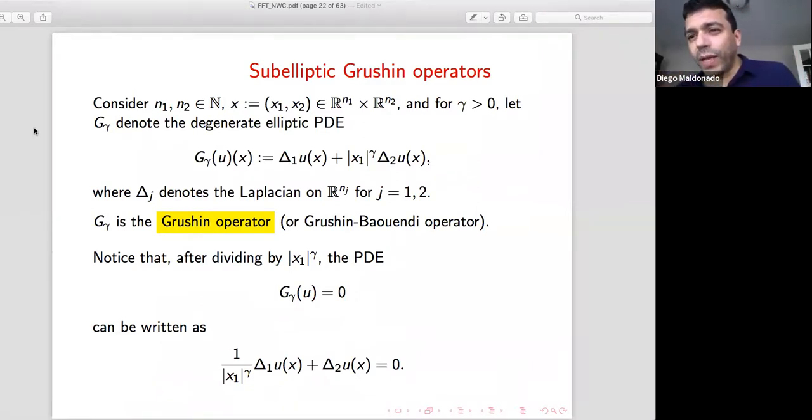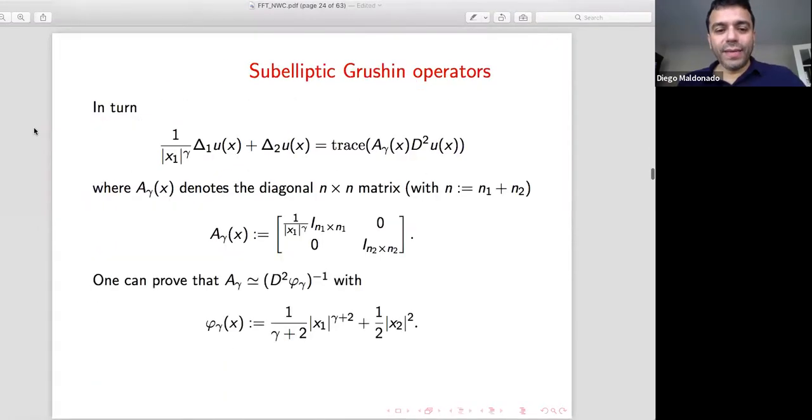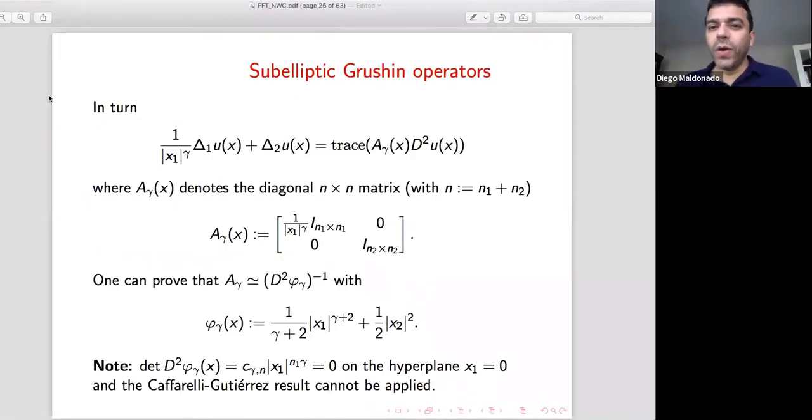In order to study this, we have the Carnot-Carathéodory metric, a bunch of other tools that are not coming from Monge-Ampere. So being able to deal with this by means of the Monge-Ampere tools, that would be nice. But since the determinant is 0, we cannot use the Caffarelli-Gutierrez theorem.